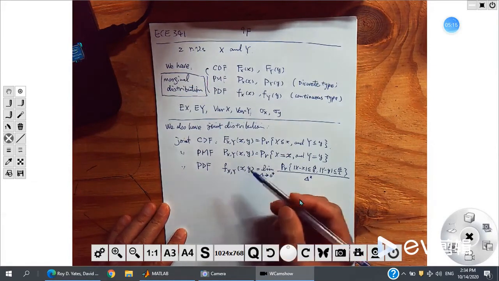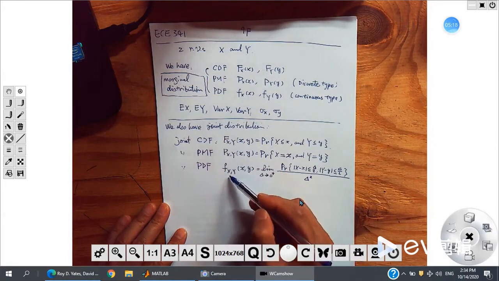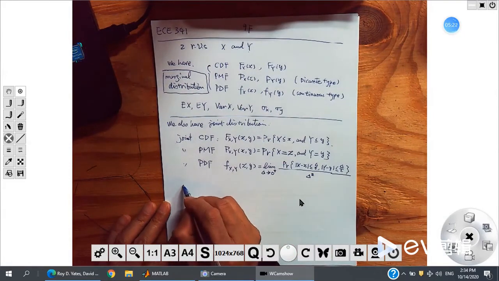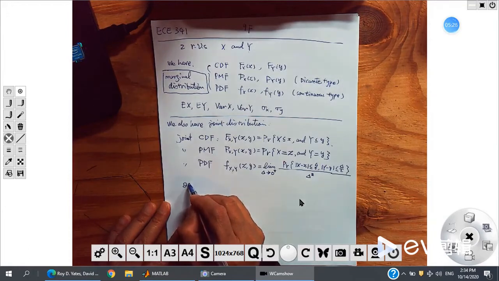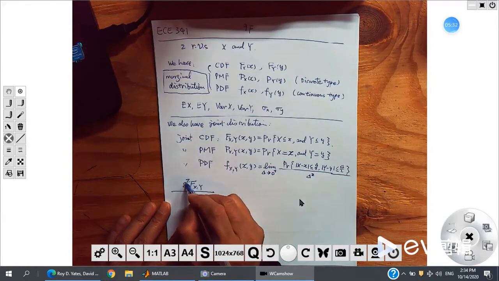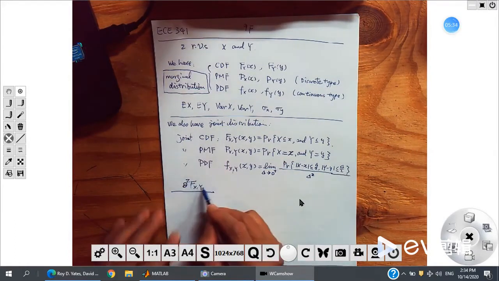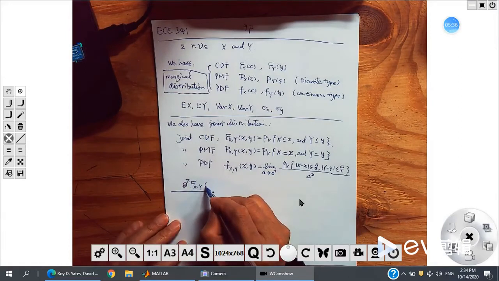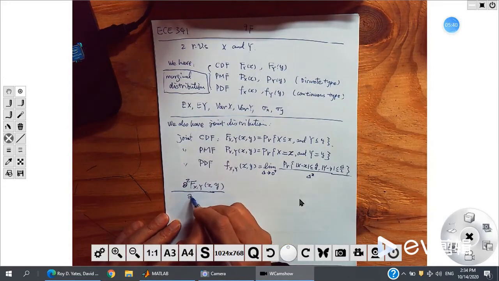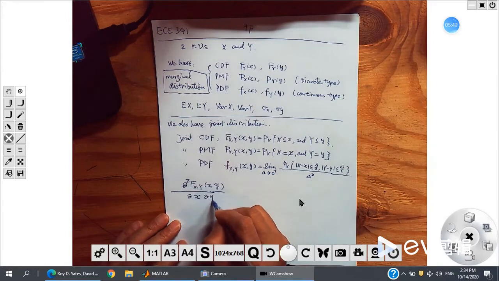We have the relation between the CDF and the PDF. We have the CDF. We take the derivative. Yeah, I should use this notation. I think last time I used D, but this is the notation for multiple variables. We have two variables, so here's partial x, partial y. We need to write it this way.